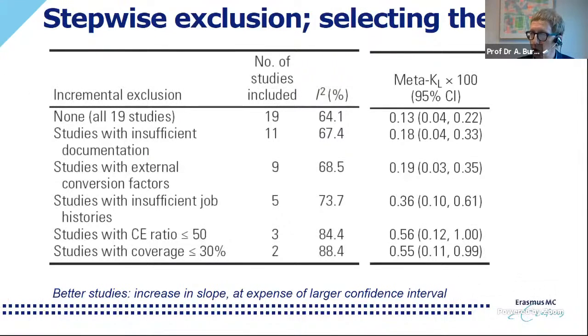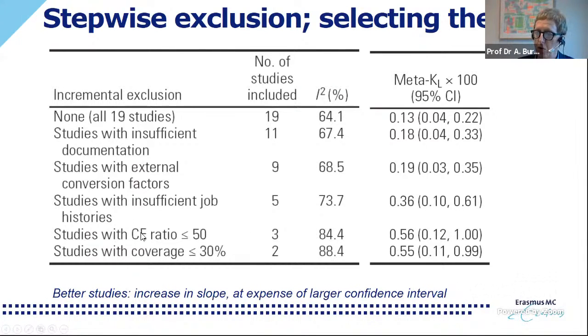So overall, the conclusions were, if you have a better study, a better quality of JEM, and you subsequently exclude all the studies with a poor quality. So you first throw out 11 studies with insufficient documentation. Your exposure response relationship becomes steeper. Then you throw out another 5 studies with insufficient job histories. Your exposure response relationship becomes steeper.